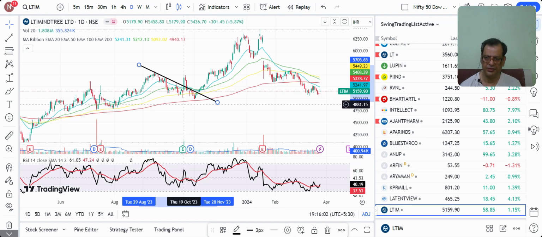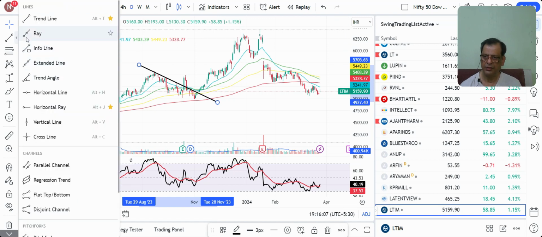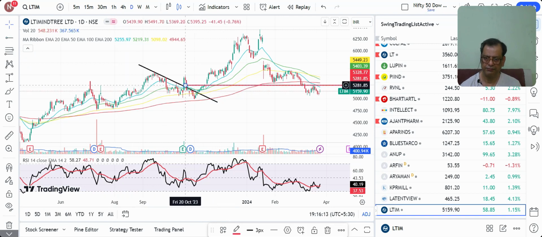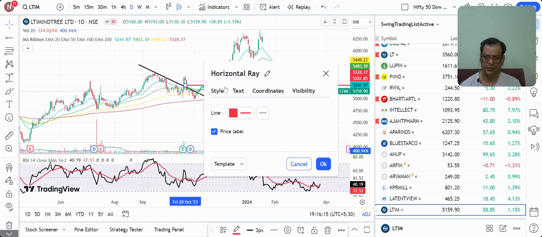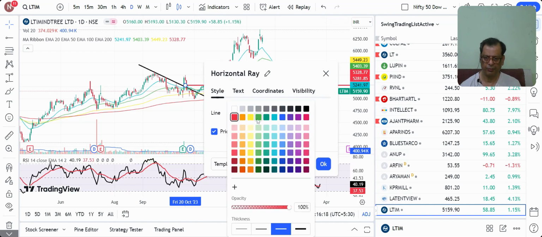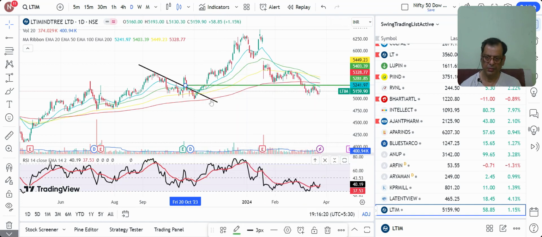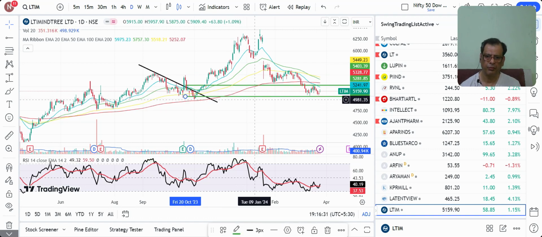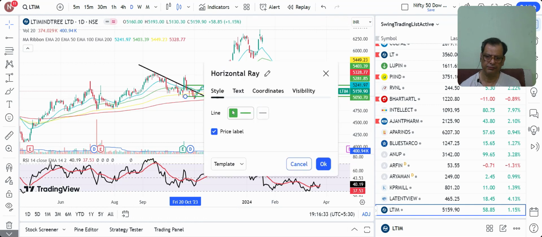And if I was going to be trading here, I would basically keep an entry of somewhere here, and I'm going to make it green, and I would keep my stop loss somewhere here, and I'll make this red.